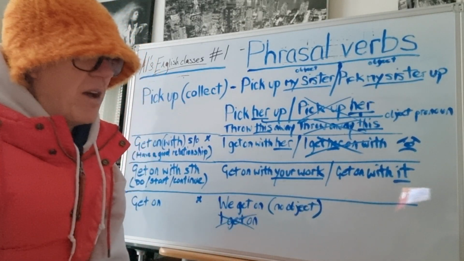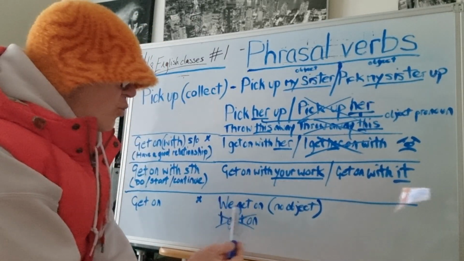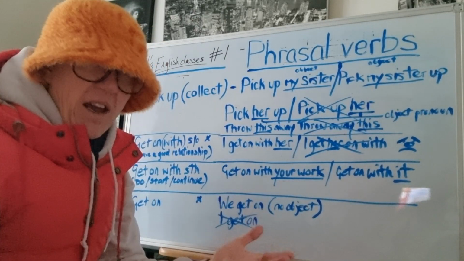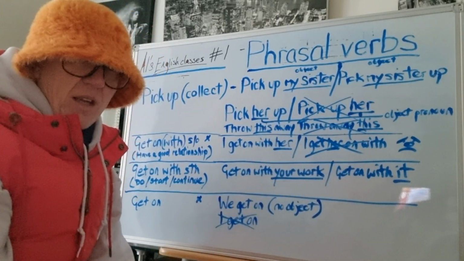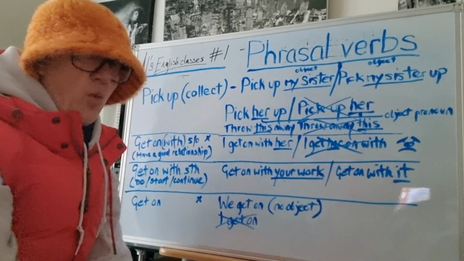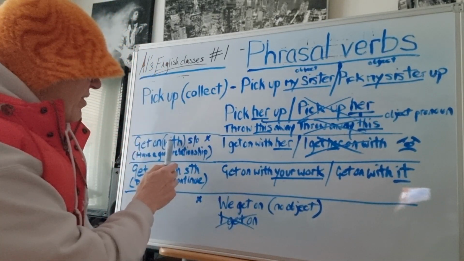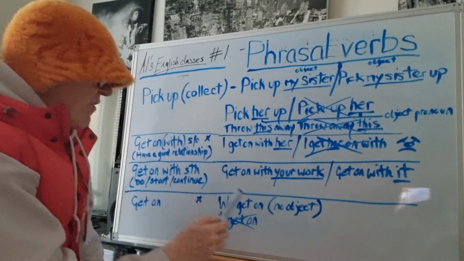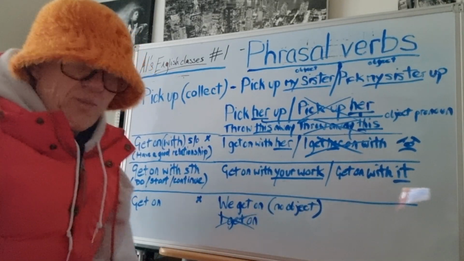For example, do you have a good relationship with your colleagues? Yes, we get on. We get on fine, we get on well. Or I get on with them. Okay? You can also say we get on with each other, but again, then you would be using with. With must be followed by an object. If there's no with, there's no object. I hope that makes sense.